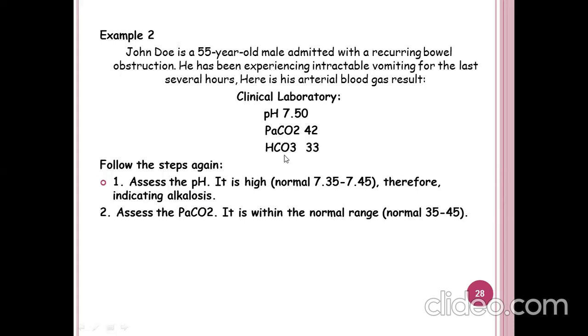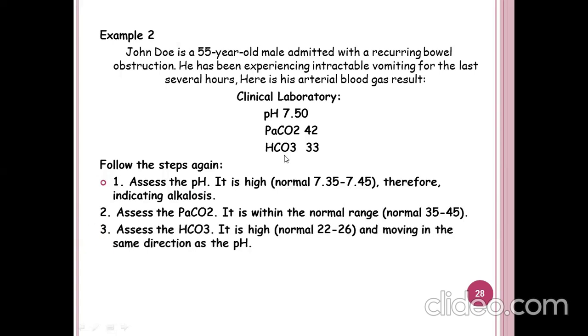The third is the bicarbonate level. It is uptrend, in the same direction as the pH. The normal range of bicarbonate is 22 to 28, or 26, both are normal. So it is moving in the same direction along with the pH. What is the cause here?